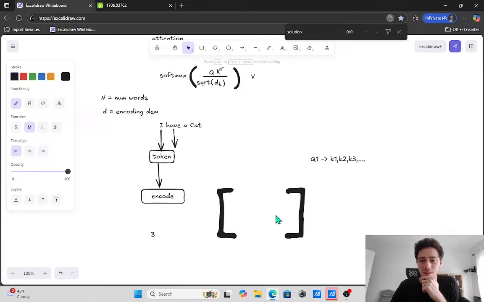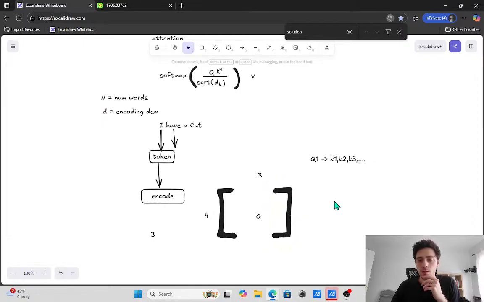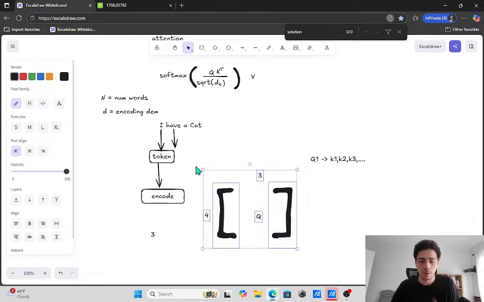So we would do a 4 by 3 matrix. So this would be 4, this would be 3, and inside this one is called Q. So we have Q. Let's copy this.